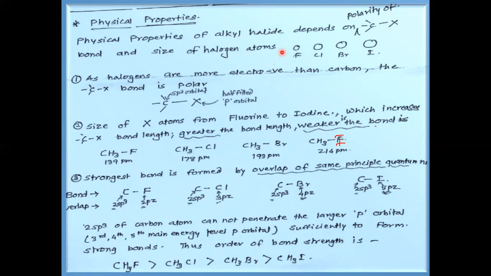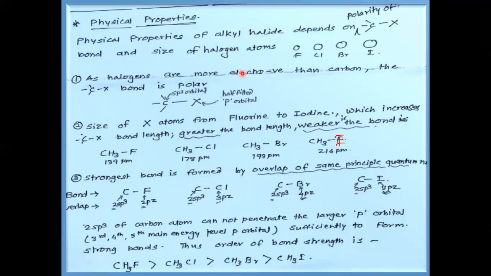Here the size of the halogen atom increases from top to bottom: chlorine has bigger atomic size, bromine has bigger atomic size than chlorine, and iodine has bigger size than bromine. Why? Because as we move to the next period, one more extra shell is added, so atomic size increases. Here again one more shell is added and size increases, and so on.